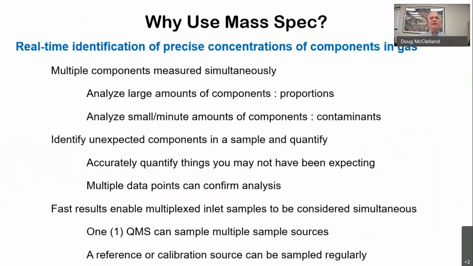So why would we use the mass spec? Well, like we talked about, to identify the composition of our gas. The nice thing is we're able to have a tool that not only measures a couple decades, but actually gives you a wide dynamic range of measurement, all the way from 100% of a particular element composition down into the parts per million.